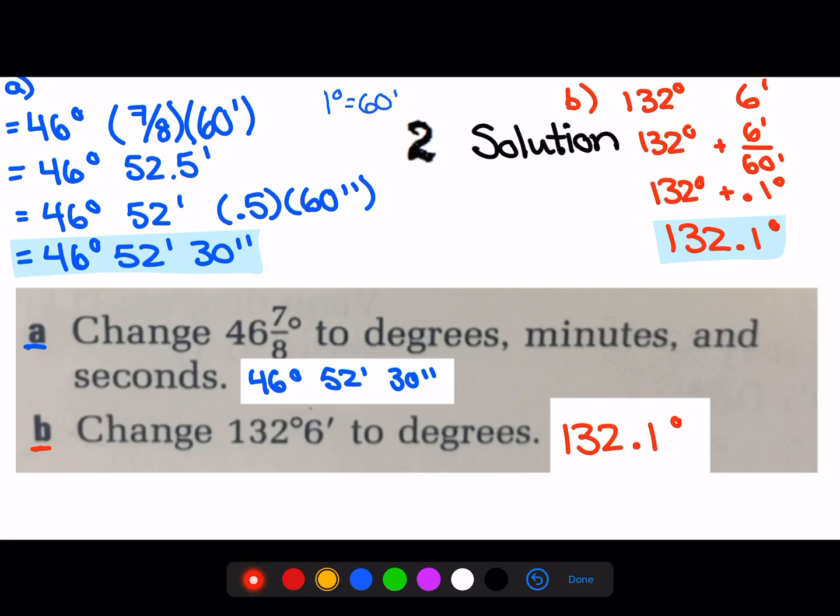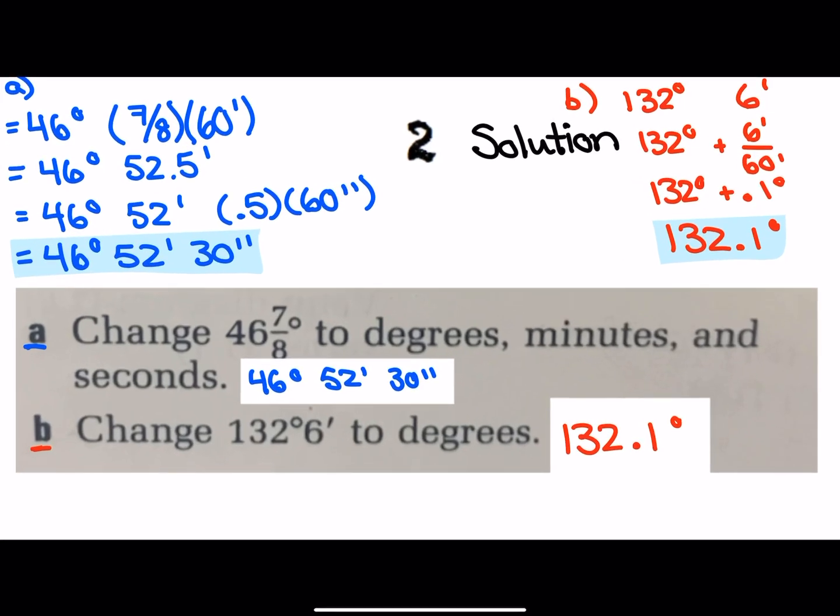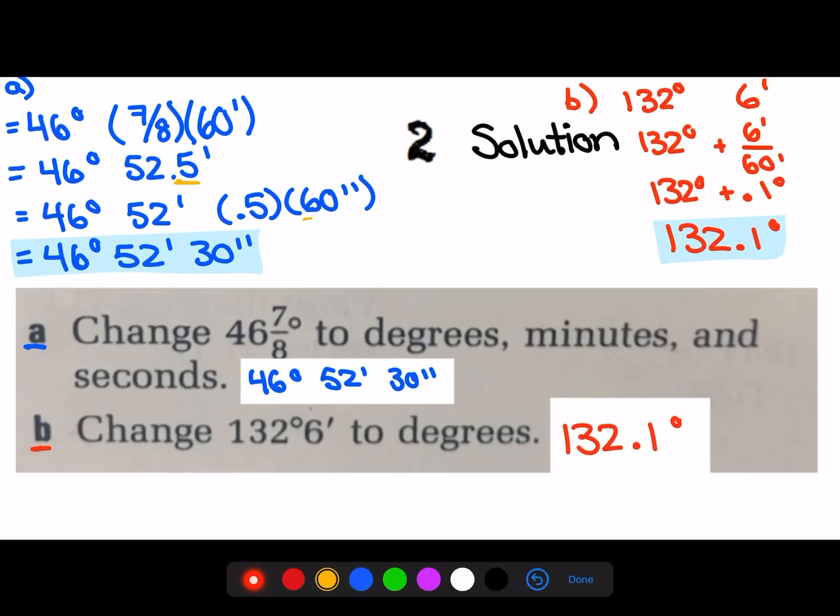Now again, I'm going to take that 0.5 and I'm going to multiply that by 60, because I know 60 seconds are in 1 minute. So therefore, we end up with 0.5 times 60, which gives us 46 degrees. That doesn't change. 52 minutes. Again, that doesn't change once I got the 52. And then 0.5 times 60 gives us 30 seconds.